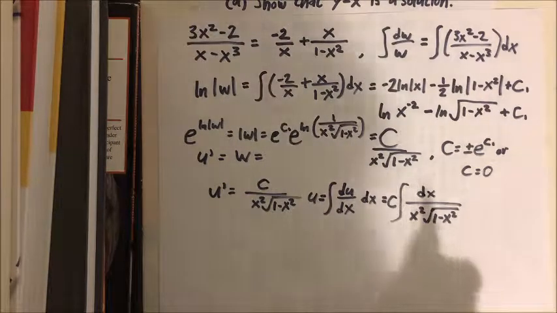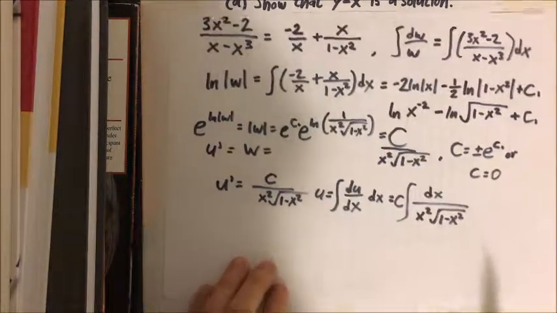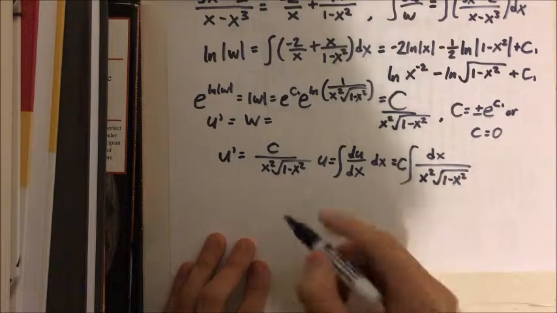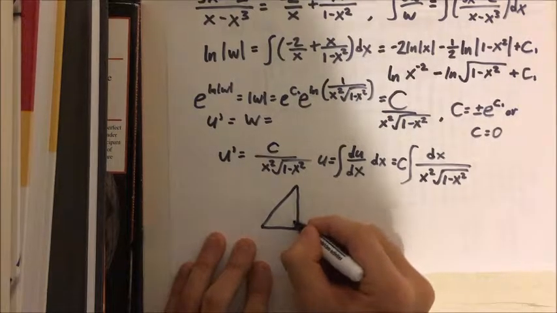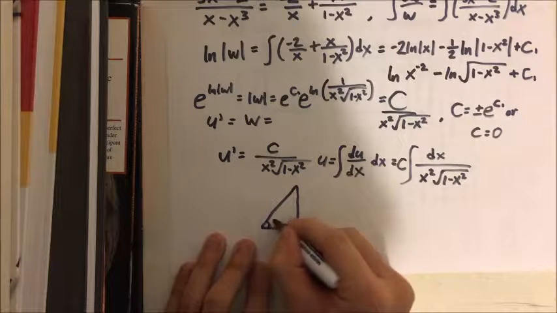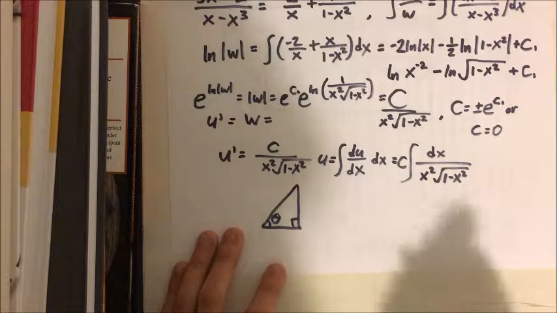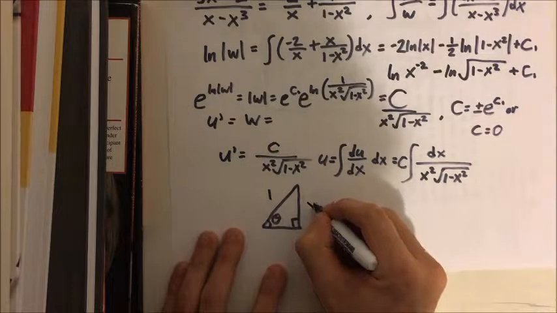But how do we do this? Well, here, you might notice that it looks similar to some trig stuff that we did. So let's draw a little trig diagram, and the trig diagram should make things a little clearer. So here we go. Let's draw this right triangle. Let's call this angle theta. Now we're going to put 1 as the hypotenuse and x over here.